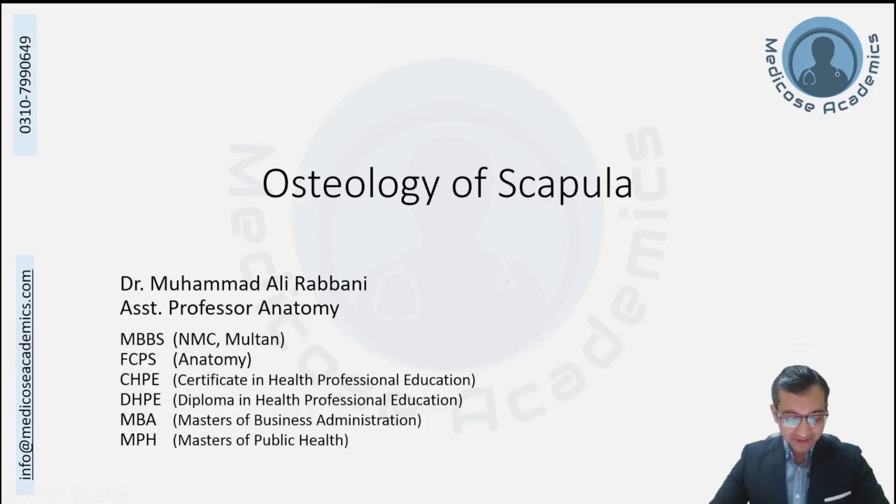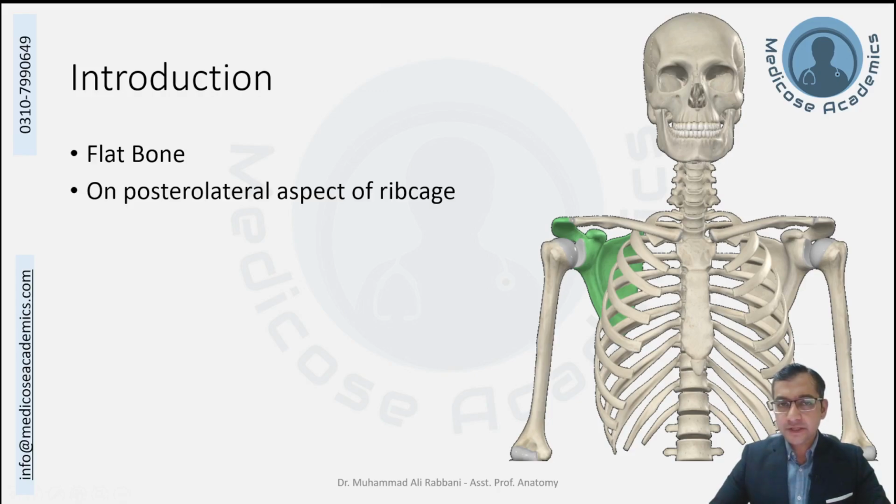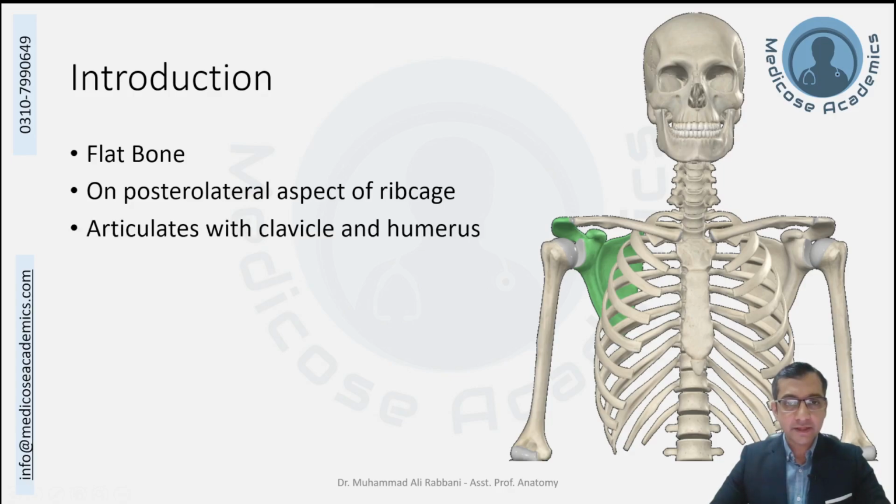I am Dr. Muhammad Ali Rabbani and today we are going to discuss the osteology of scapula. Okay, scapula is a flat bone that is present on the posterolateral aspect of your rib cage. This bone is also called shoulder blade and it articulates with the clavicle and humerus bone.